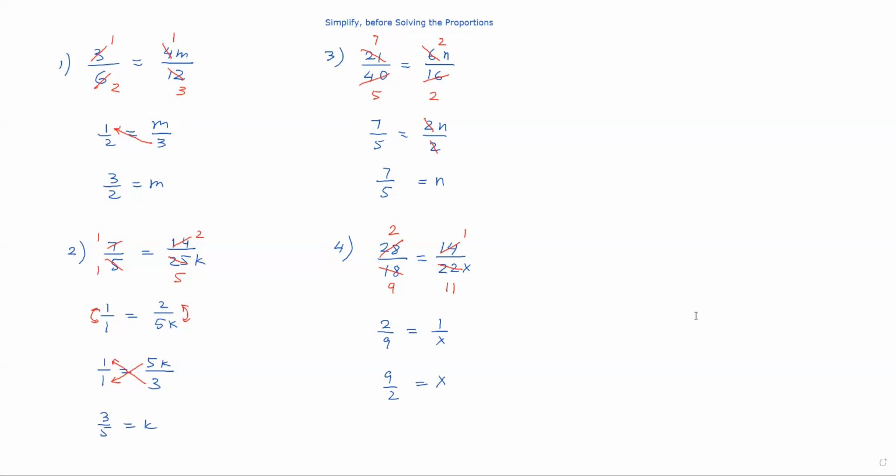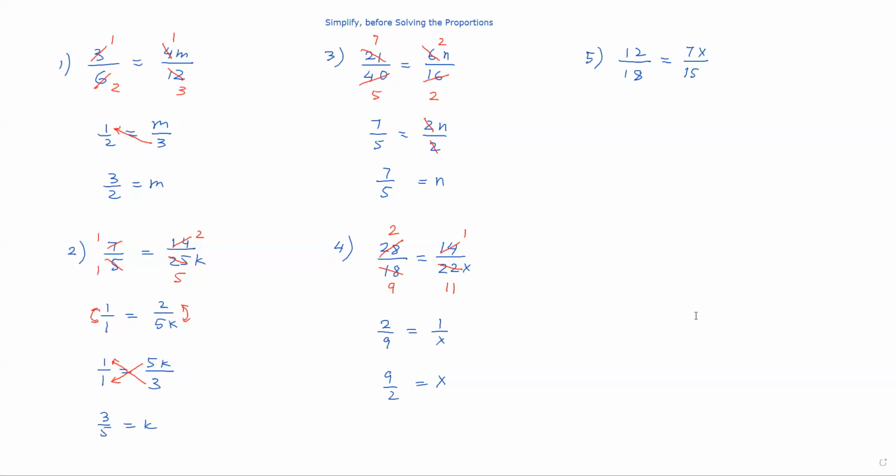Okay, maybe we can try some random numbers. Number 5. Let's say we have 12 over 18 equals 7x over 15.